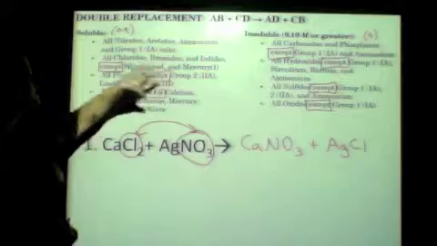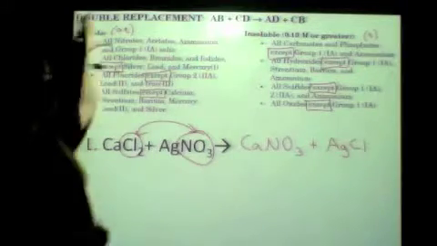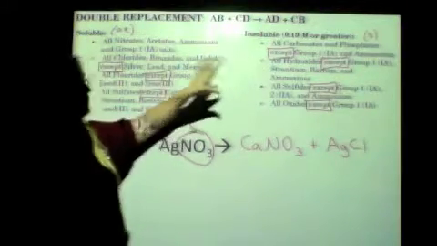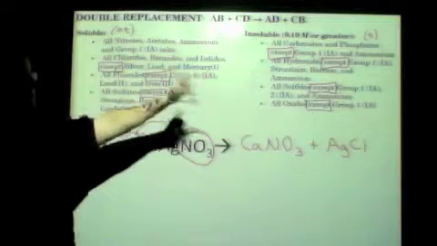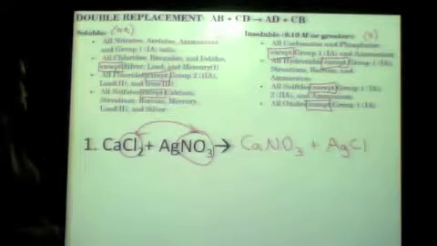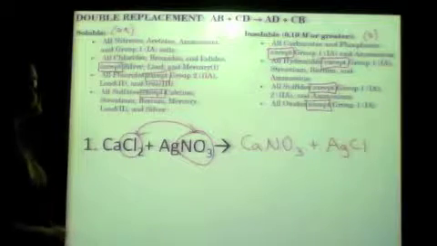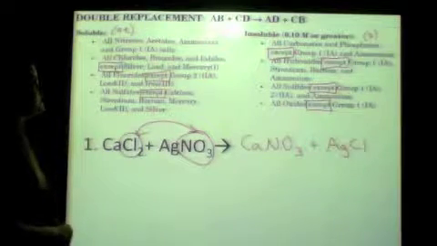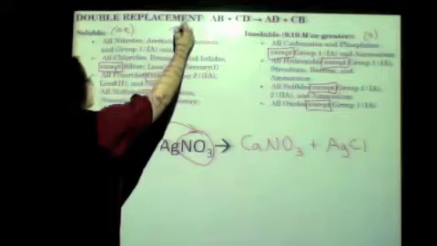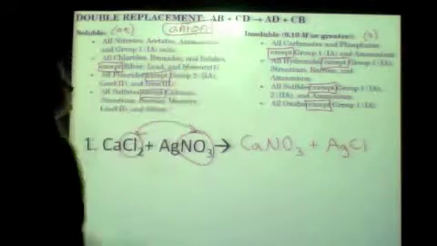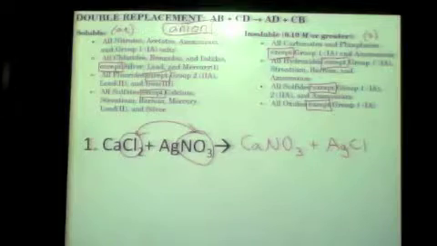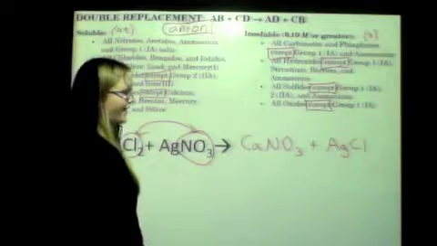So if it ever ends up where you have a chlorine with one of these 3, it's no longer soluble, it is insoluble. So anything after the word except means it's going to be the opposite column. And when you check the solubility rules, you always look at the anion.